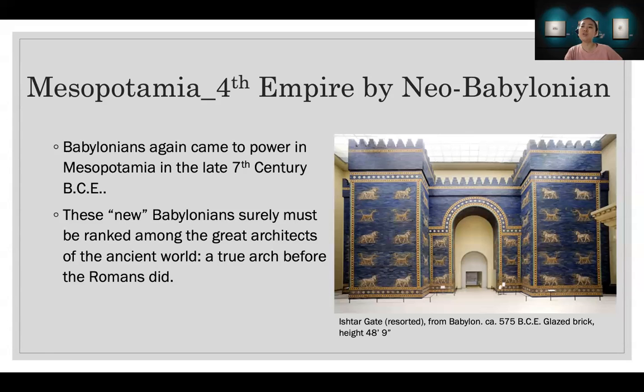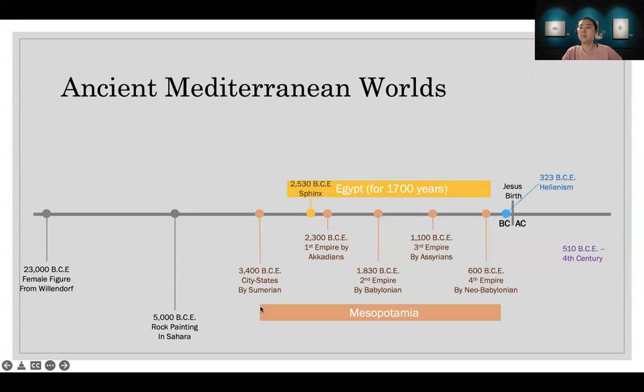They developed a true arch just like this before the Romans did, and they were masters of decorative design in architecture. Now, we just saw all the city-states and the empires in the Mesopotamia area, and now we'll see Egypt.